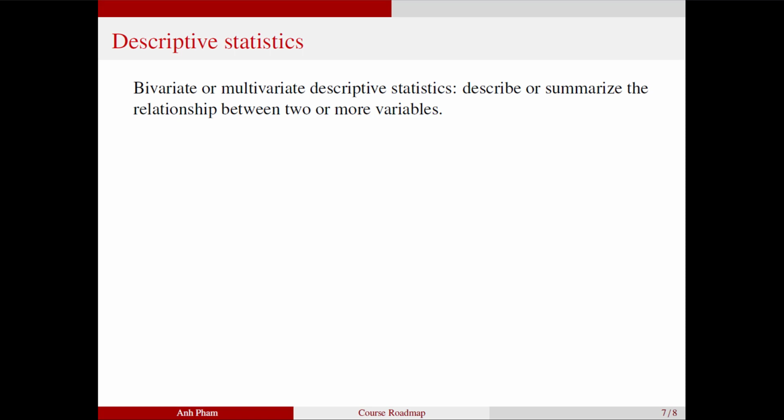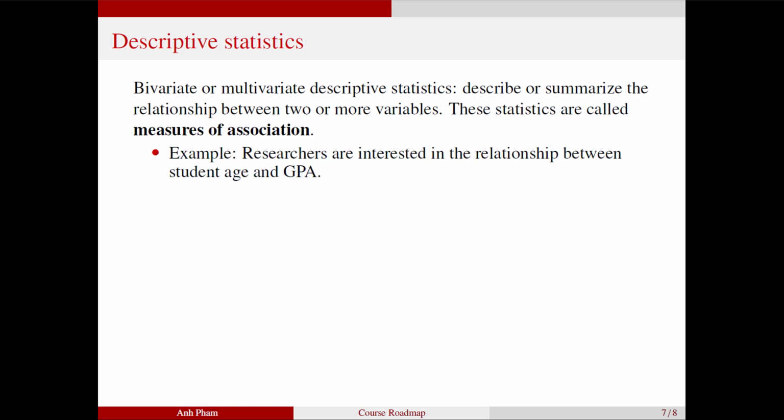Another type of descriptive statistics is bivariate or multivariate descriptive statistics, where we describe or summarize relationships between two or more variables. And these statistics are called measures of association. An example is when researchers are interested in the relationship between student age and GPA, and let's say they find that older students have higher GPA.